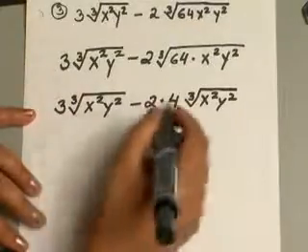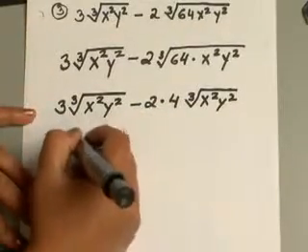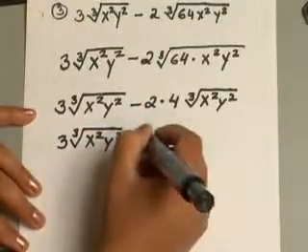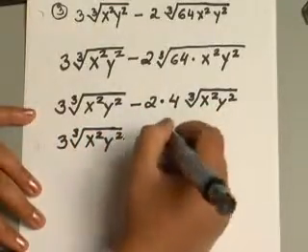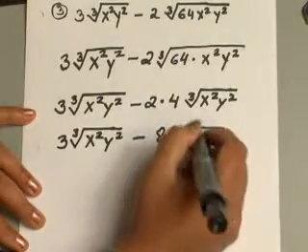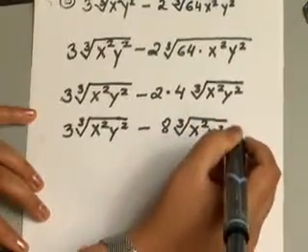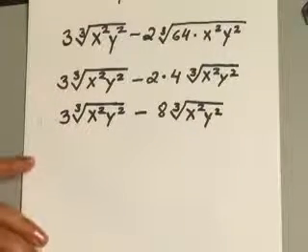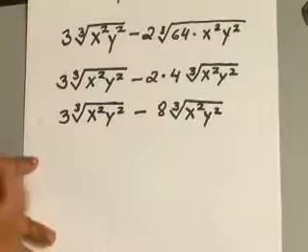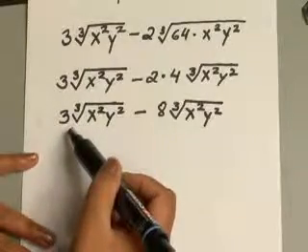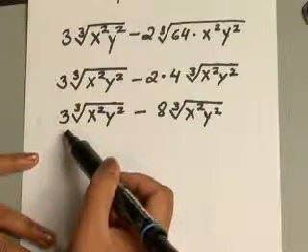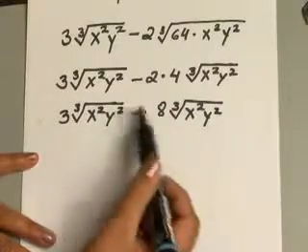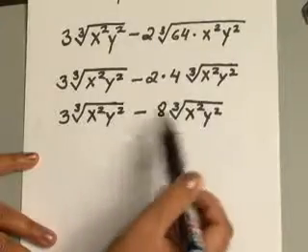Okay, go ahead and multiply your 2 and 4. So your first term stays the same. Your second term will be 8 cube root of x squared y squared. Now again, before you combine the terms, make sure that your radical has the same index and the same radicand. So your index is the cube, the 3, and your radicand is x squared y squared.